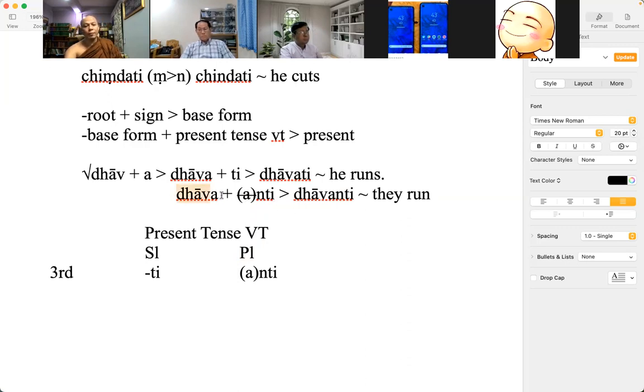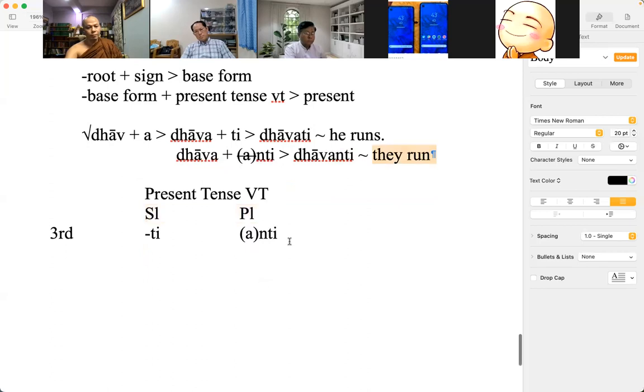We don't need to change anything. Only this vowel termination denotes what kind of tense, what kind of person, and what kind of number. So dawati, he runs, but dawanti, they run.